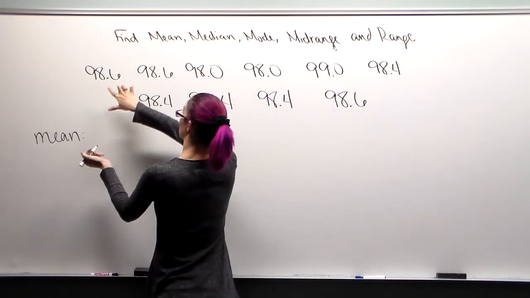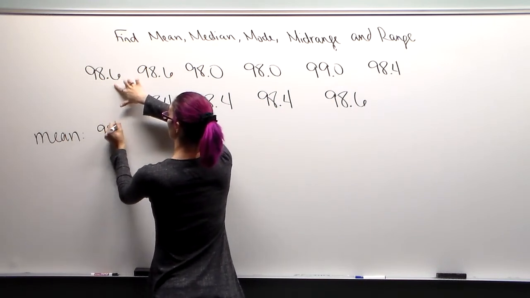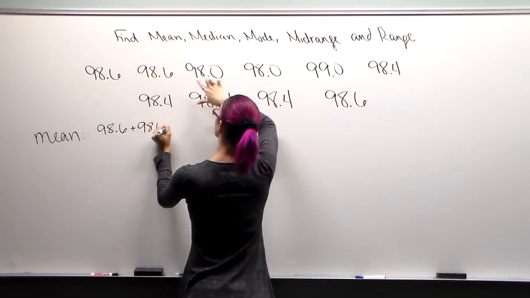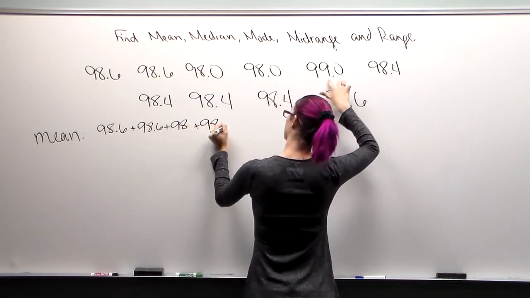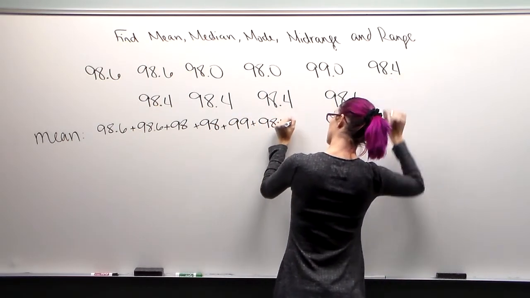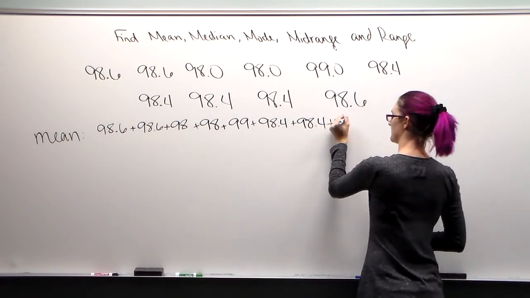So I tell them for mean, what I want them to do is I want them to actually list out every single one being added together. All 10 of them.